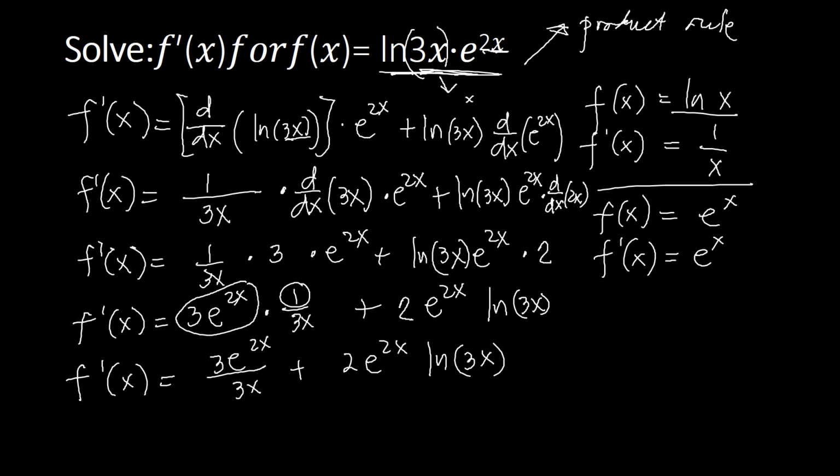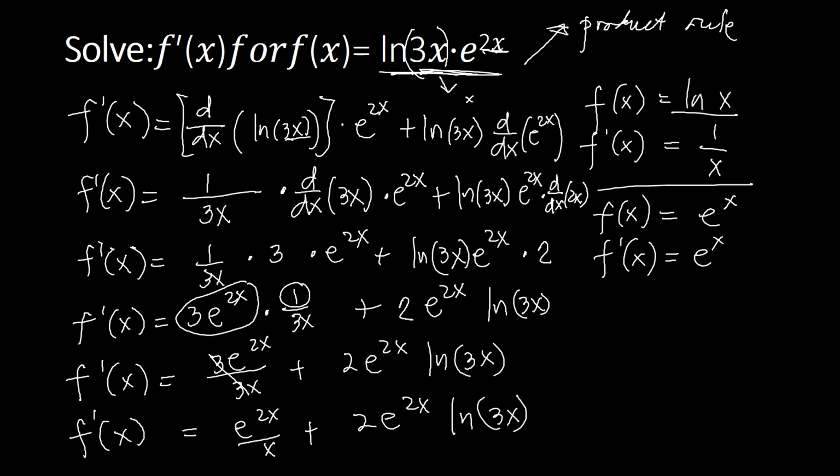So that can be our final answer. And by the way, not yet, because we can actually simplify this one. So this is now e to the power of 2x over x plus 2 e to the power of 2x ln 3x. That will be our final answer.